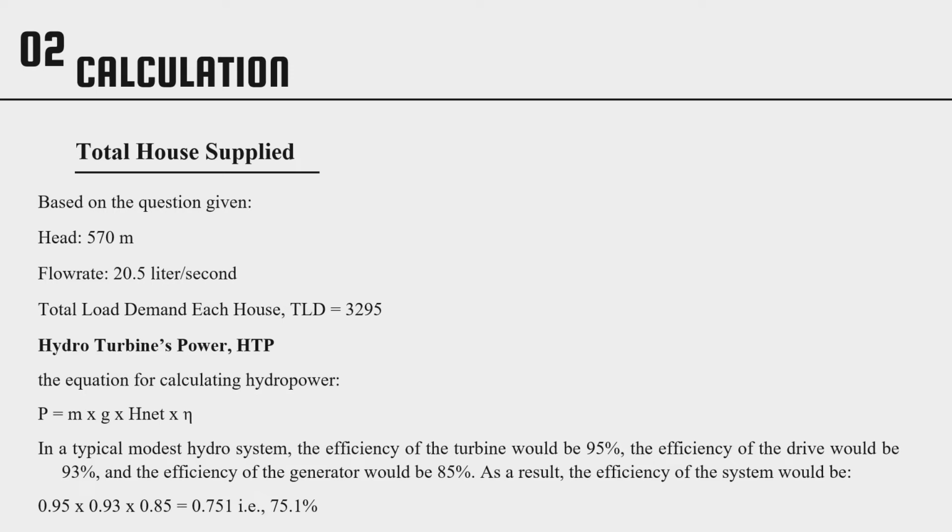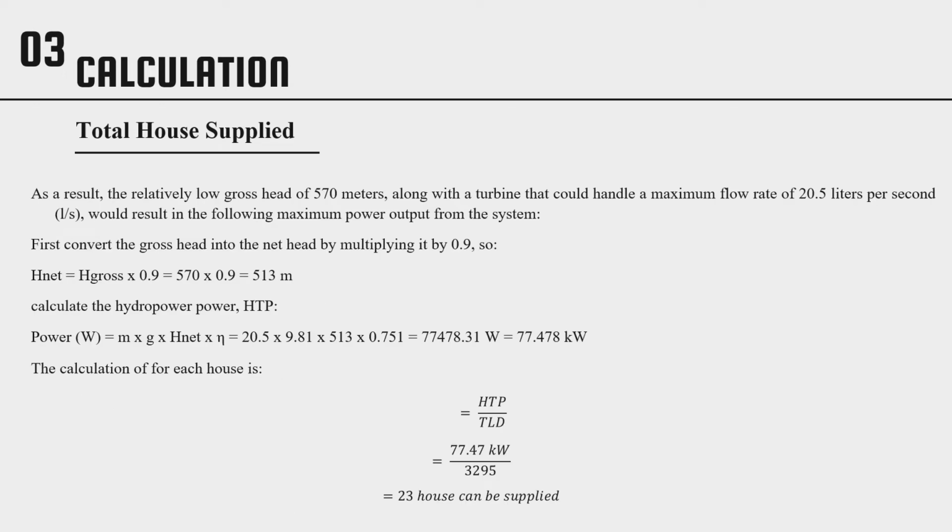Our design efficiency for the turbine will be 95%, the efficiency for the drive will be 93%, and the efficiency for the generator will be 85%. If we multiply all the efficiencies, we get 75.1%. Okay, next. So we continue.